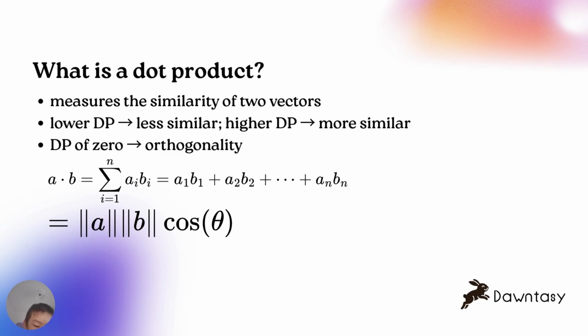And then for each multiplication between corresponding components, we sum them all up. So it's basically like a weighted sum again. And there's also an identity where the dot product is the magnitude of A, or basically the size of that vector A, times the magnitude of B, times the cosine of the angle between them.